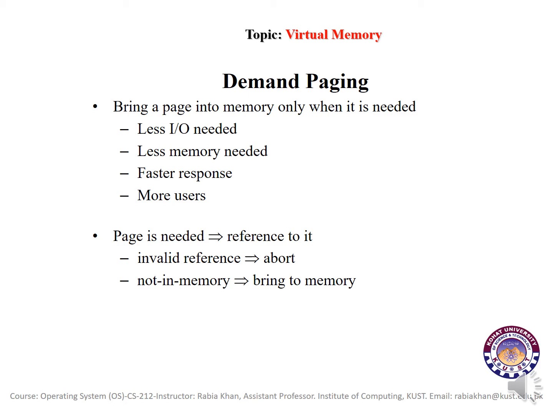There are different benefits of demand paging, such as less I/O would be required by pages, as by large those pages will be loaded that are CPU bound rather than I/O bound, as demand goes mainly for CPU bound processes.